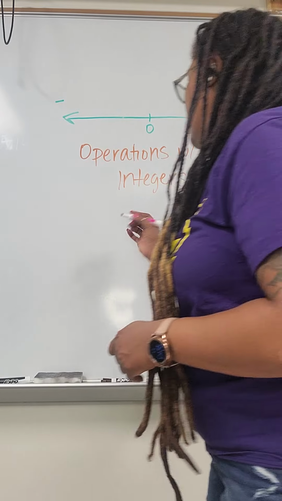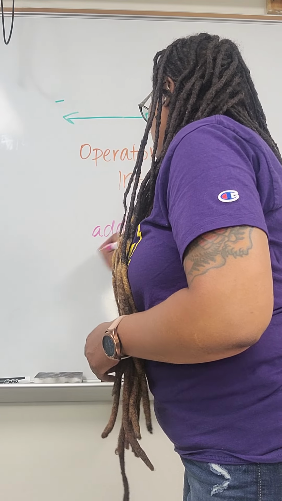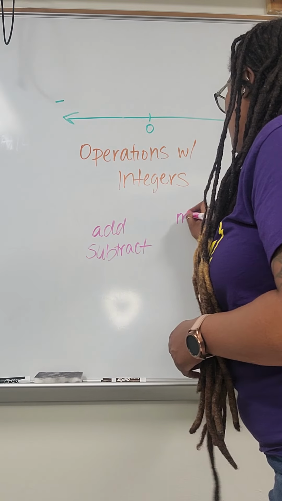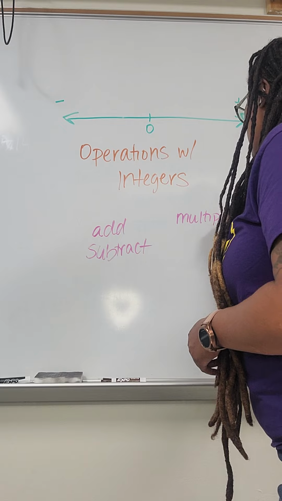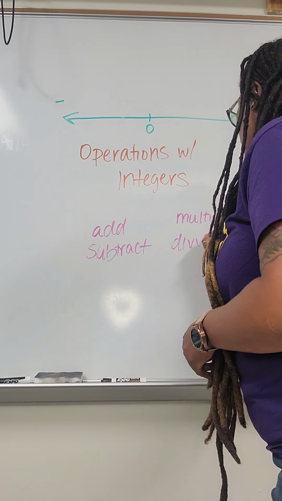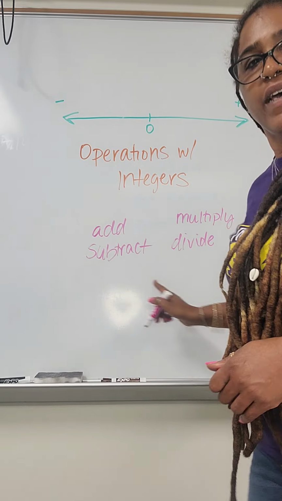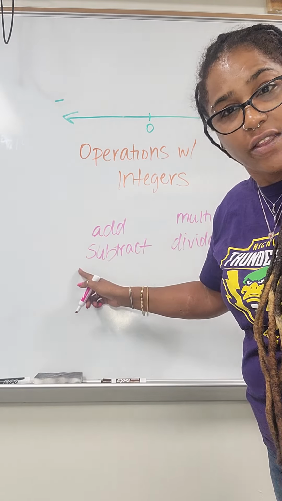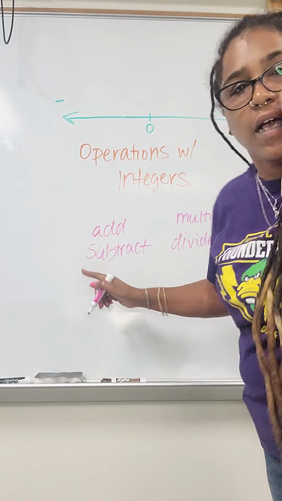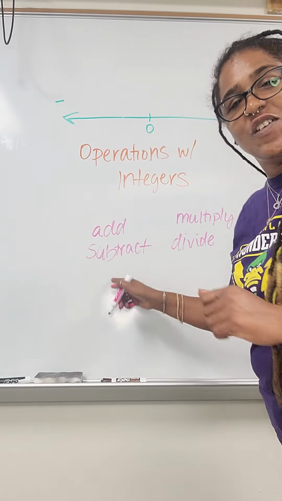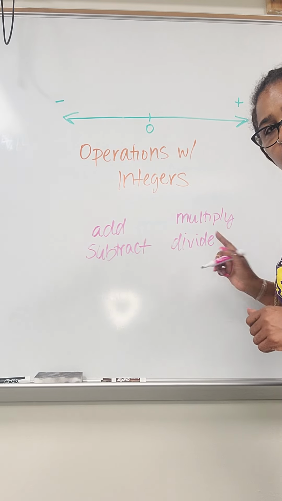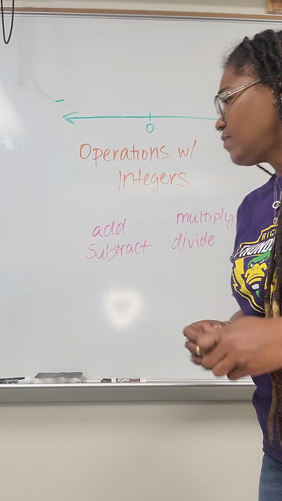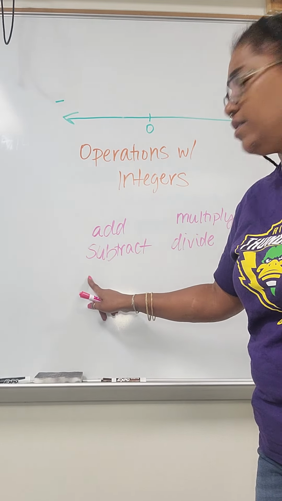You're either going to add and subtract, or you're going to multiply or divide. I wrote them out like this because these two are inverse of each other. What does inverse mean? Opposite. These two are inverse of each other, and these two are inverse of each other. So inverse meaning opposite, like we said. One is tying your shoe, untying your shoe.